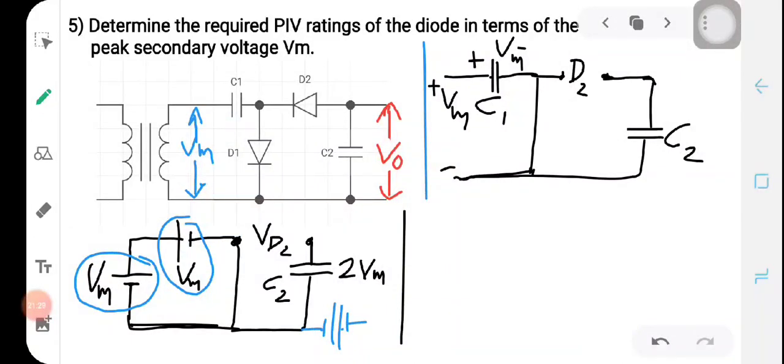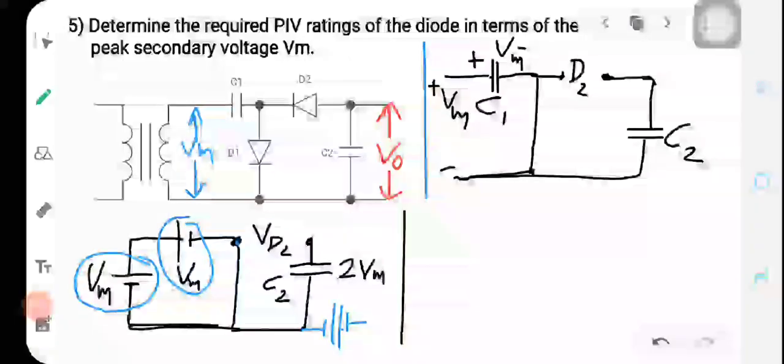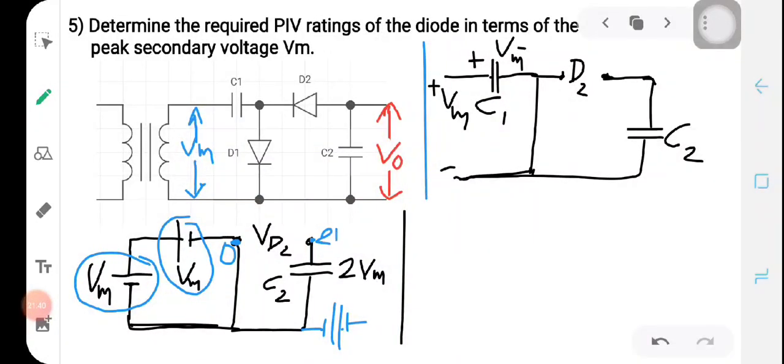So plus and plus are connected together, that means they nullify, and the voltage at this node will be definitely 0, and here the voltage at this node is 2 Vm.